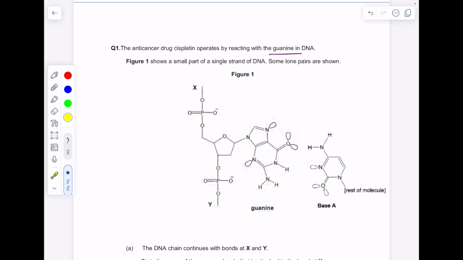You can see here that a hydrogen bond will form between hydrogen and this highly electronegative oxygen, a hydrogen bond here between this hydrogen and nitrogen, and then this oxygen and this hydrogen here, which is why it's base A. And as we'd expect with guanine, it will be 3 hydrogen bonds, so this is likely to be cytosine.